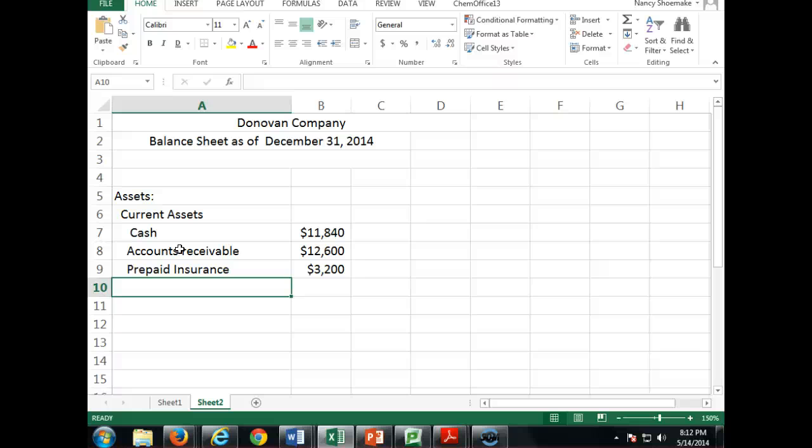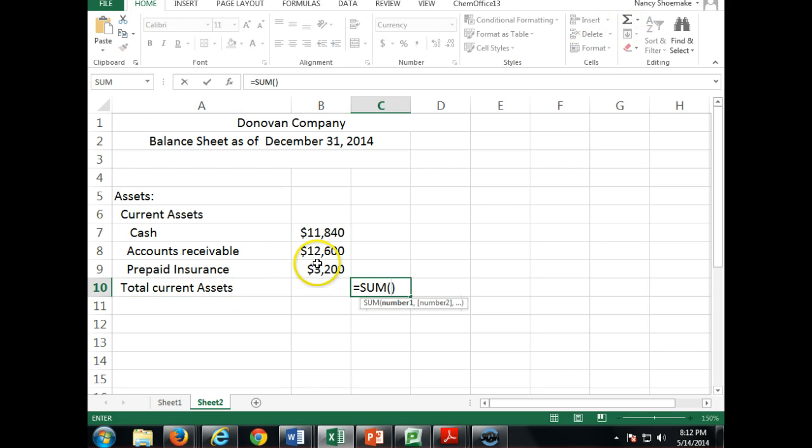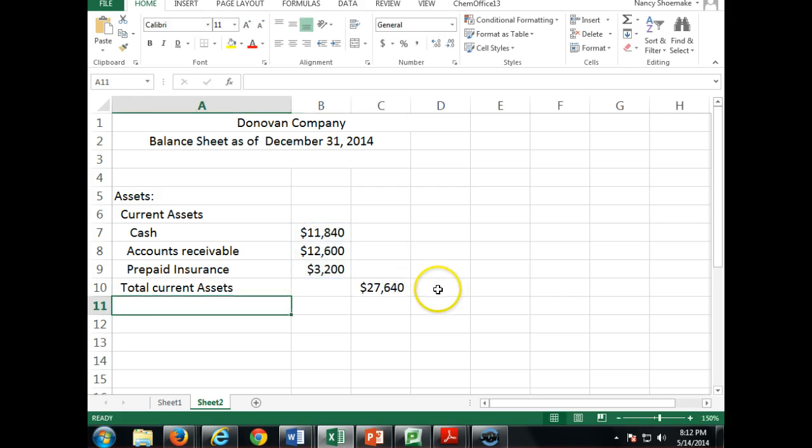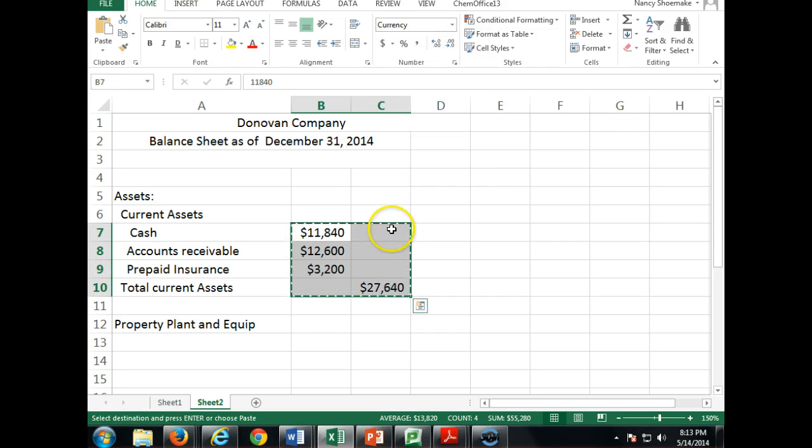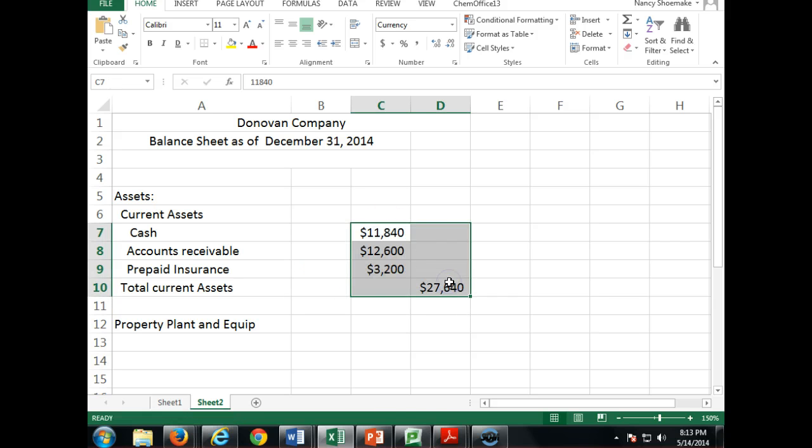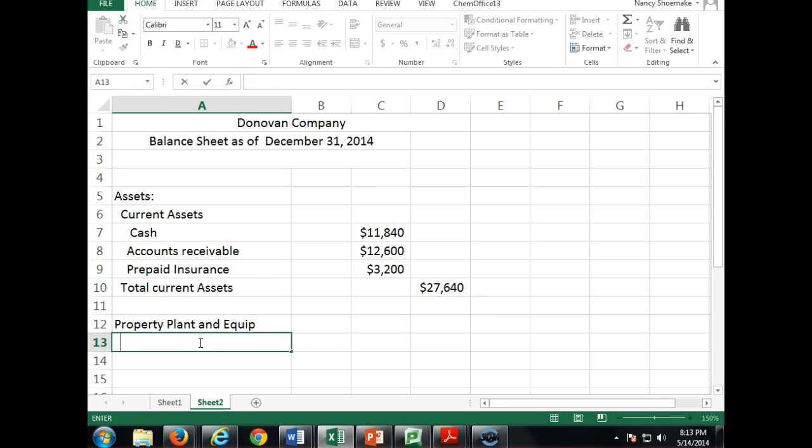That's everything. So total current assets is $27,640. Now what's next? Property, plant, and equipment. What do we have for property, plant, and equipment? Land is how much? 61,200.